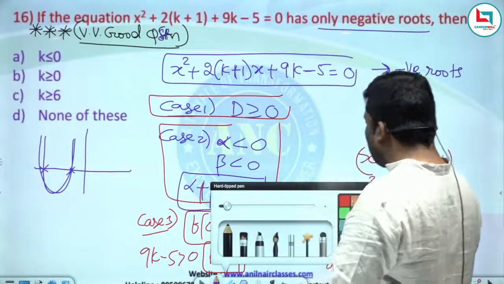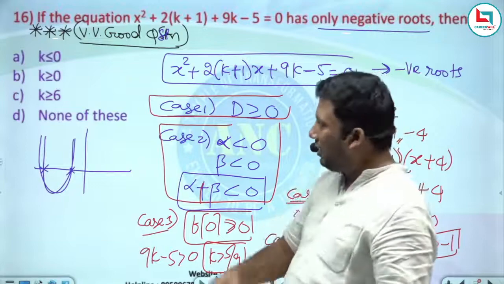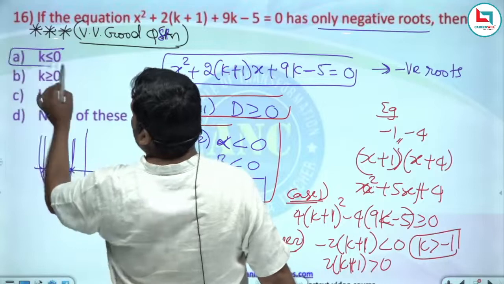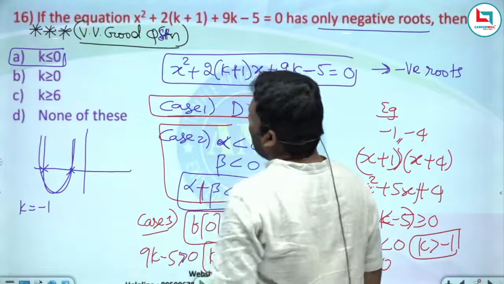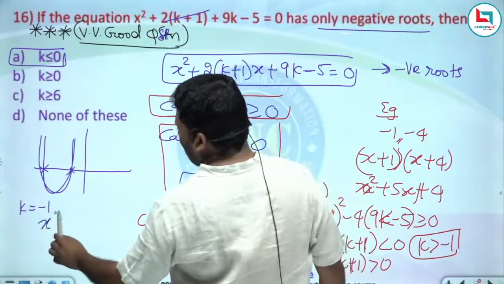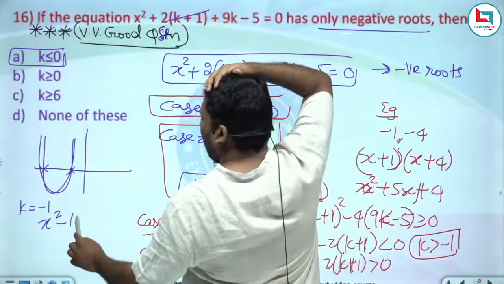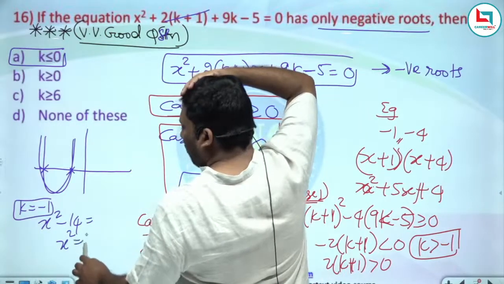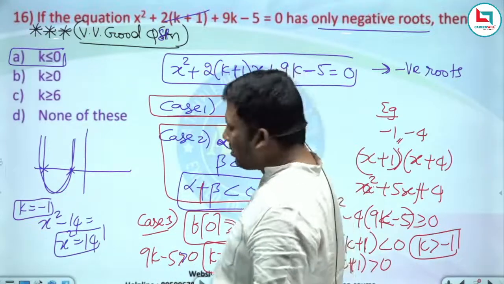Another approach: if the question contains variables and the answer options contain variables, you can substitute some random value. K is less than or equal to 0. If I substitute k equal to minus 1, this will be 0, so x square minus 14 equals 0, x square equals 14.